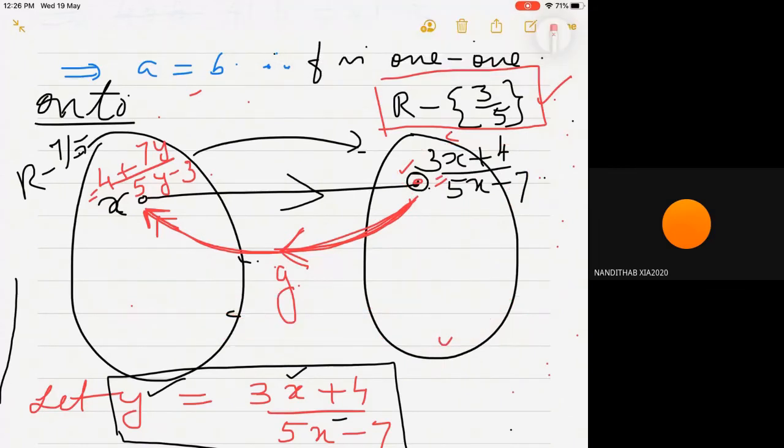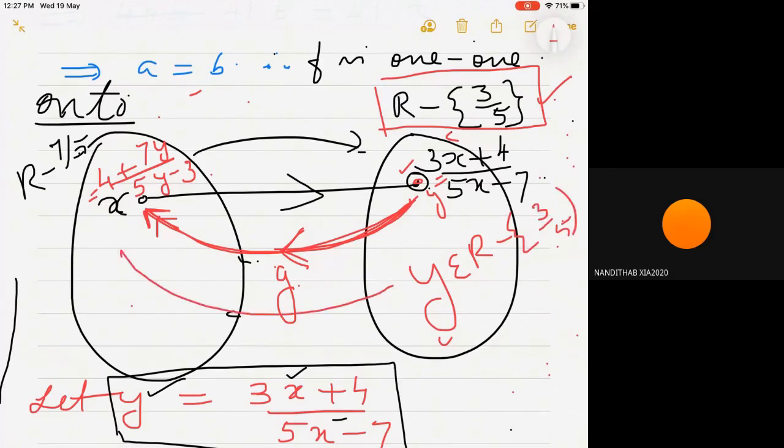If y is any element of the set, y can be anywhere, and if y is in R minus 3 by 5, will you be able to get 4 plus 7y by 5y minus 3 in this set or not?